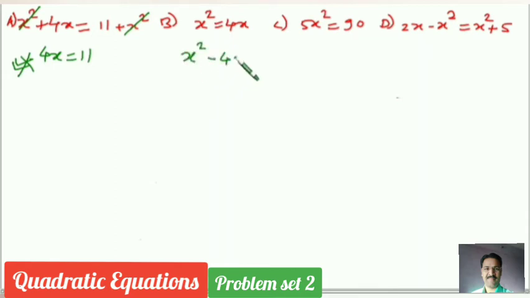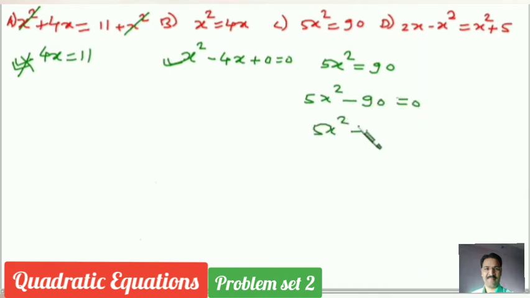Here x square, take this 4x to this side, no constant, therefore it is a quadratic equation. Now the third one: 5x square is equal to 90. Again there is no middle term. First I'll write minus 90 is equal to 0, so 5x square plus 0x minus 90 is equal to 0. Hence it is quadratic.